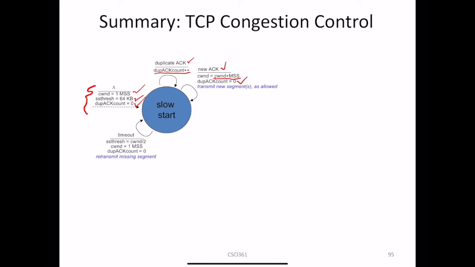However, when the timeout event is triggered, the SS thresh will be set to half of the congestion window, the congestion window will be set to 1 MSS, and the duplicate ACK count will still be reset to 0.